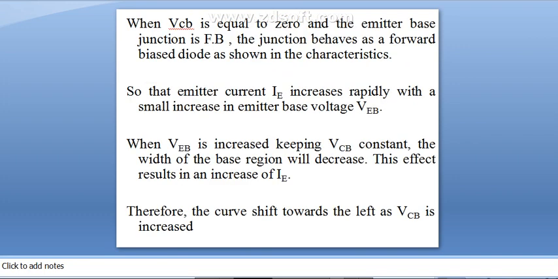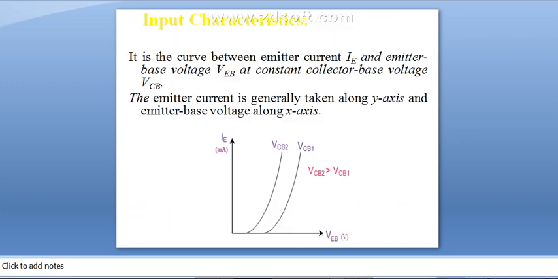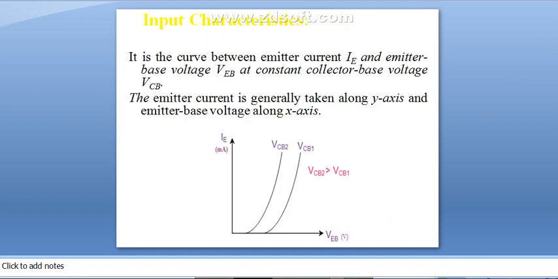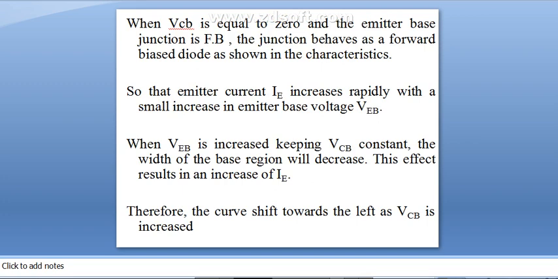So when VCB is equal to 0 and the emitter base junction is forward biased, the junction behaves as a forward biased diode.